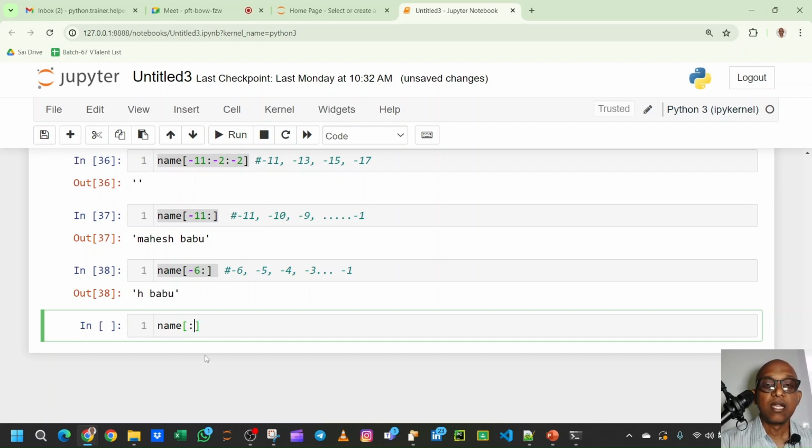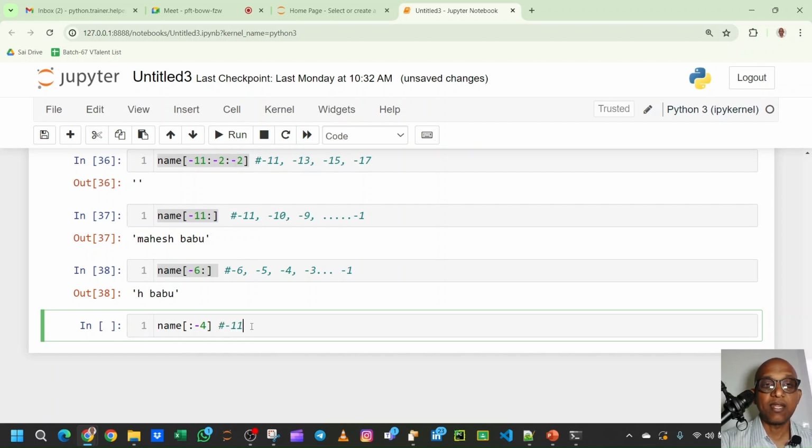At the same time, I don't need to mention the starting index also. Let us say -4. What does it mean? Since I just mentioned -4 here as the ending index, it should start from a number lesser than that, either -5 or -6. But if I don't mention the starting index, what is the default? -11.